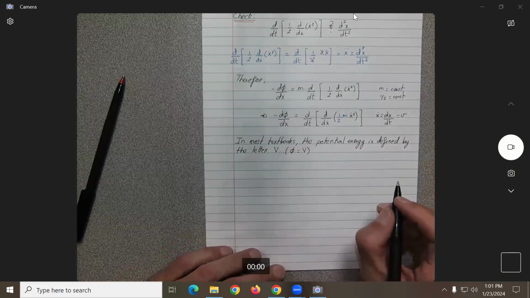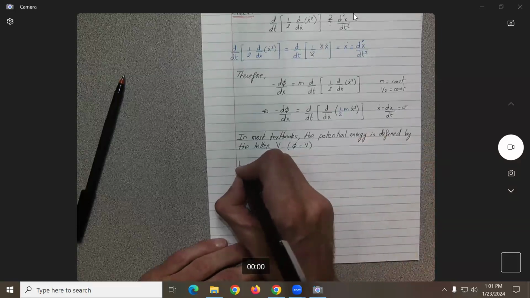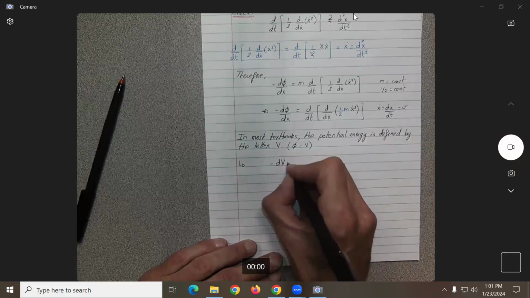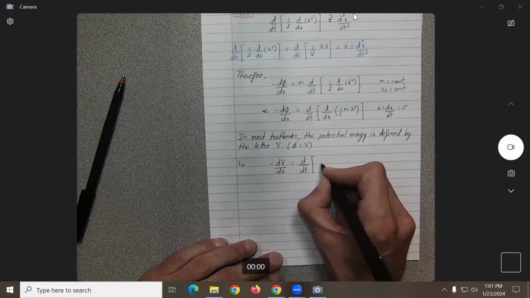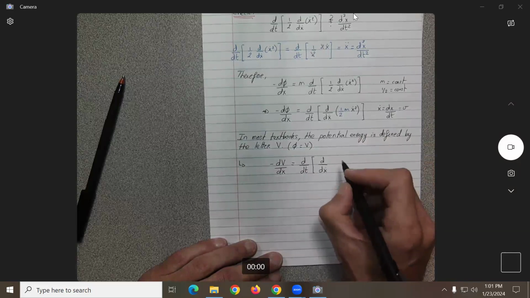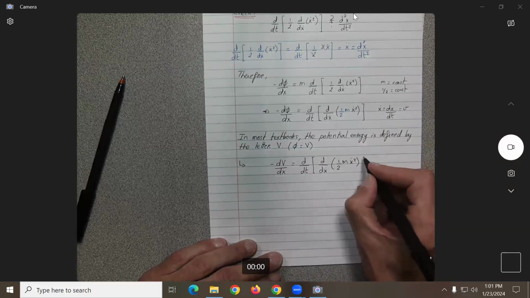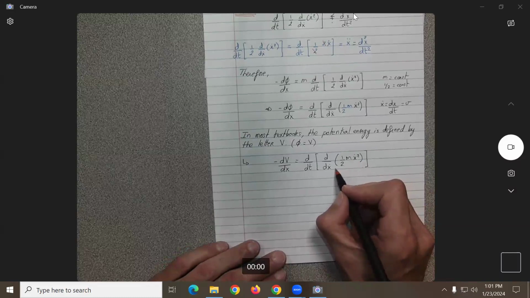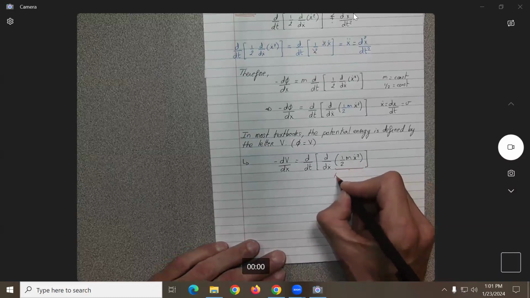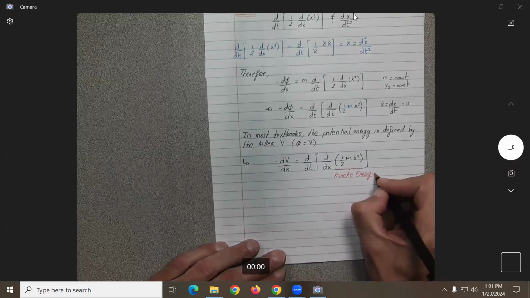So basically what I'm trying to say is that in our problem, the field function that I defined at the beginning is going to be the potential V. So we're going to have here minus dV/dx equals d/dt of d/dx dot of 1/2 m x dot squared, where this will be the kinetic energy.